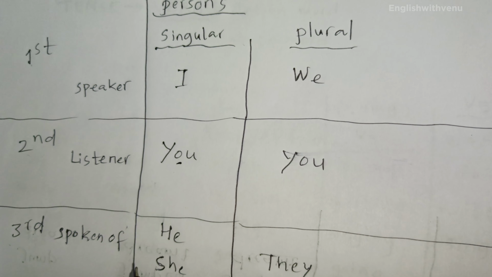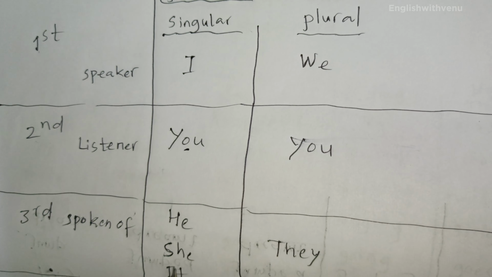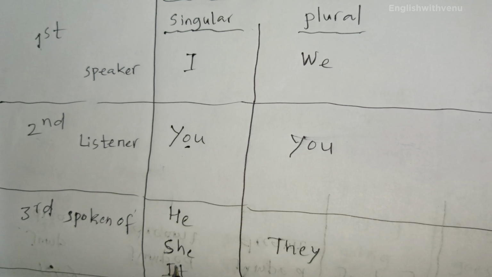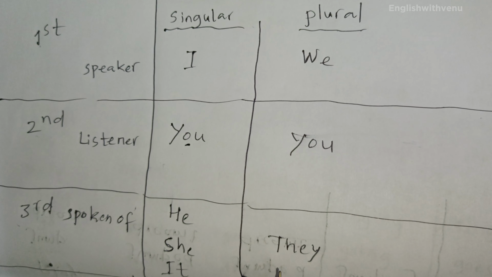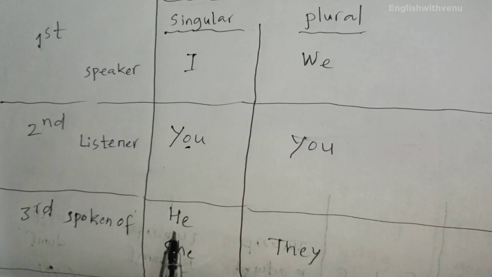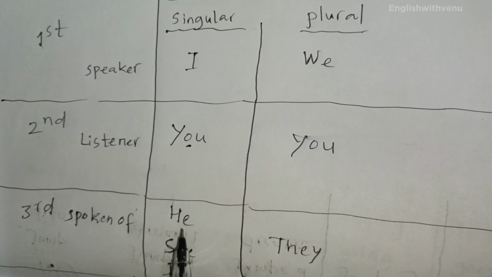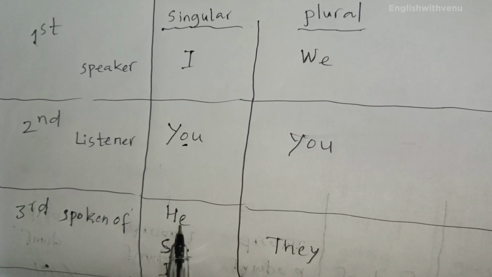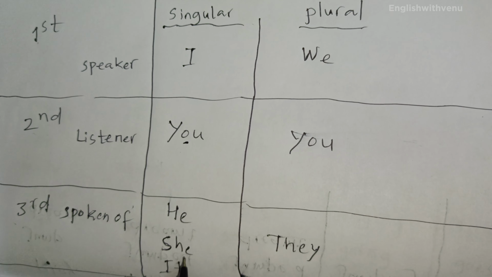And we do talk about the other person. He, she, it may be singular or we may talk about they. Then it is third person plural. Suppose if we talk about one person, that is masculine gender or male person, then he, third person singular. If we talk about feminine gender, she.